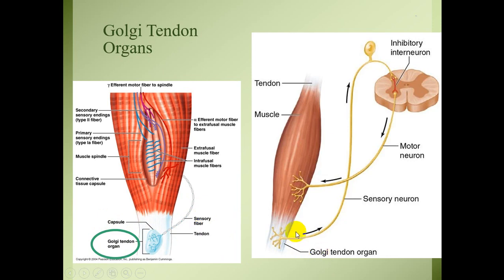They are known as Golgi tendon organs, and they are the receptors for monitoring the tension in the tendon, which is produced during muscle contraction. The sensory information is passed on to the posterior gray horn of the spinal cord. From there, it is also conducted to the higher centers.